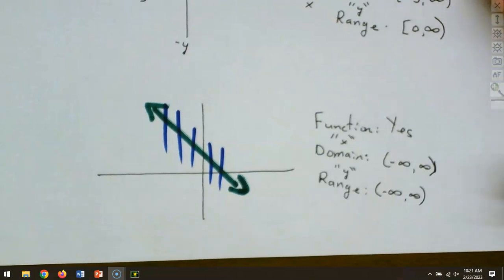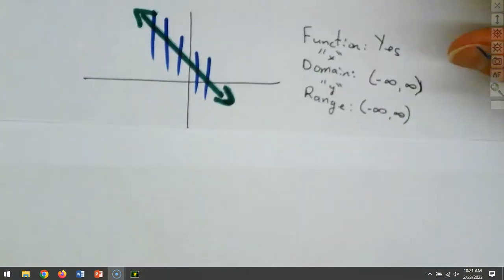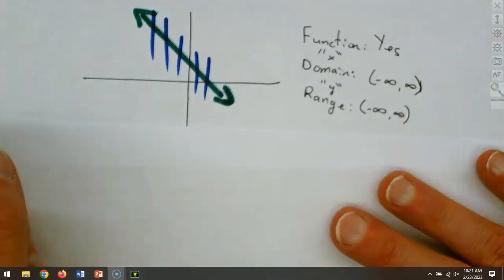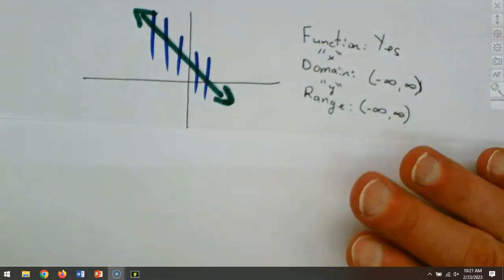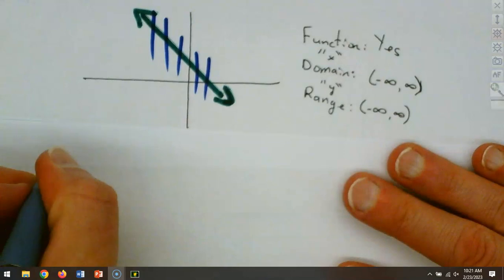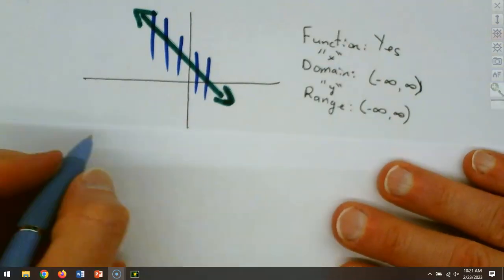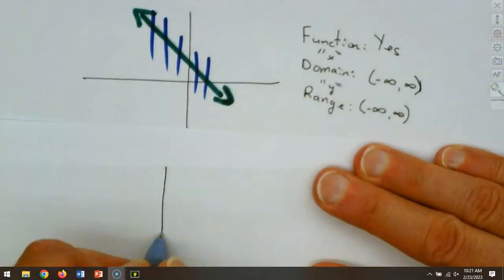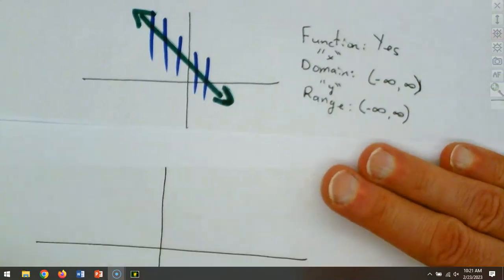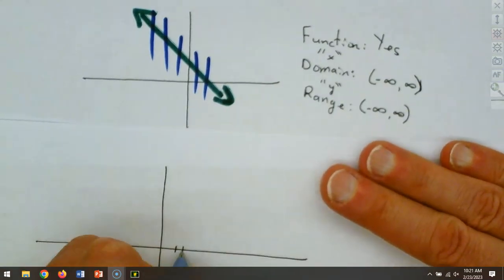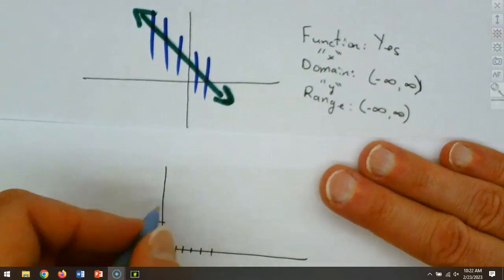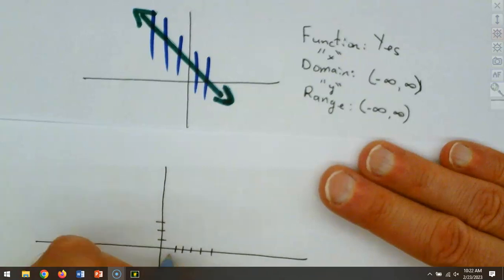Let's look at something that is not a function. And then we'll talk quickly about ordered pairs. So we're going to look at something that is not a function. Positive 1, and let's go 1, 2, 3, 4, 5.